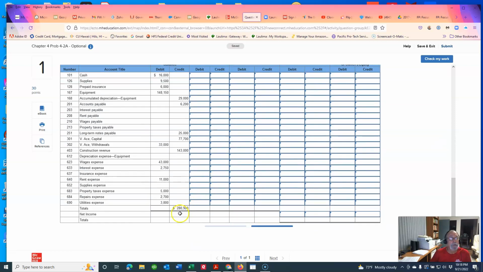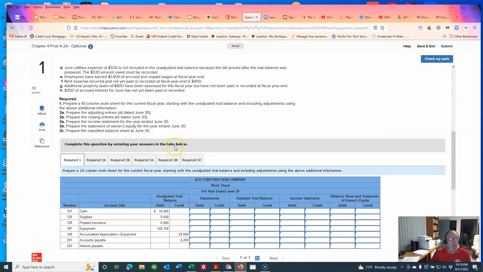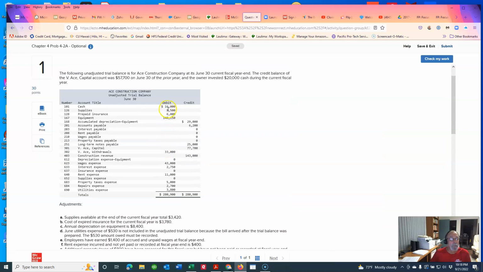Now notice our trial balance here, and by the way, if you're looking at the same problem in the printed text, or for that matter in your ebook, again, it's the same problem, but because this is algorithmic in Connect, the numbers are going to be different from what you see in your textbook. So notice our trial balance totals are 280,900.